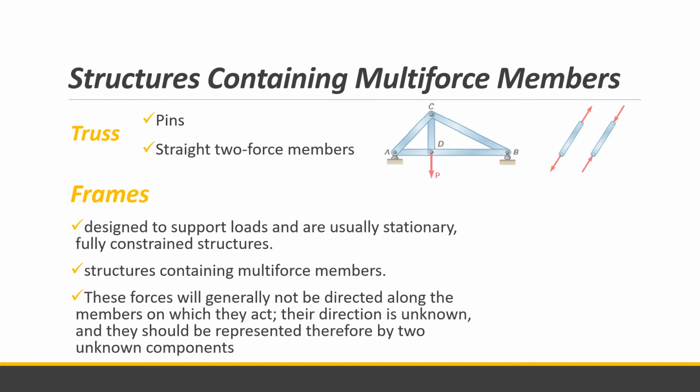These forces will generally not be directed along the members, unlike in the truss, where on each member the force is directed along the member. So it is not like this or like that; it is like this in the truss, on each member. Their direction is unknown, and they should therefore be represented by two unknown components. For example, if there is an applied force at an angle, of course you break the force down into its two components.